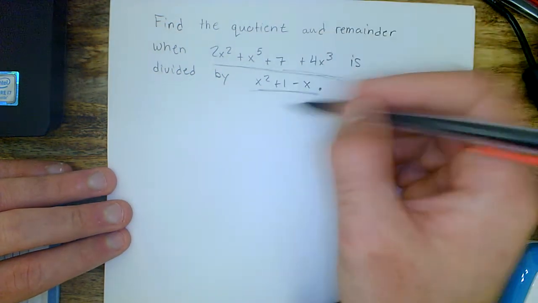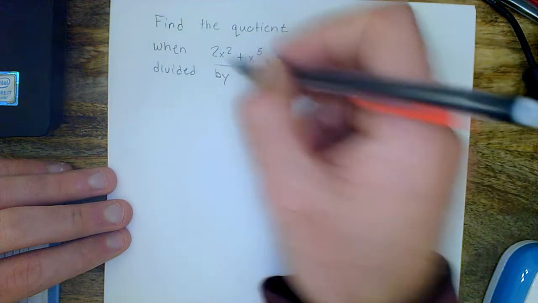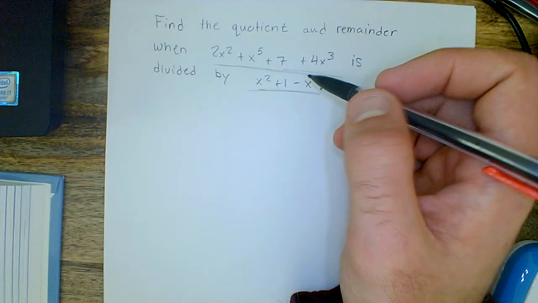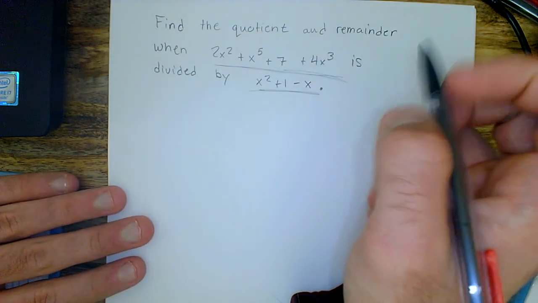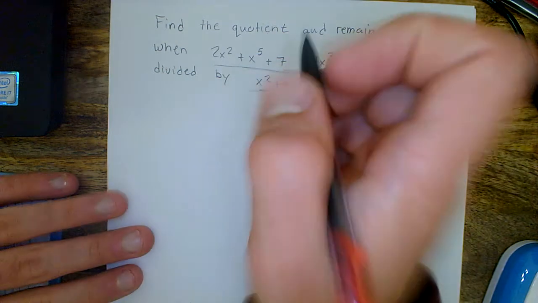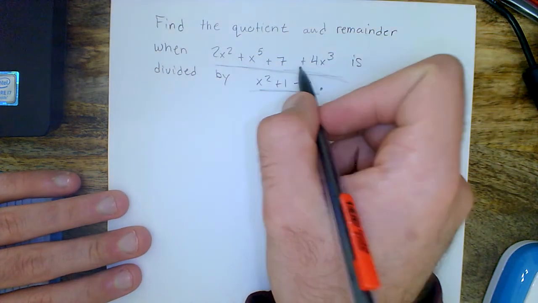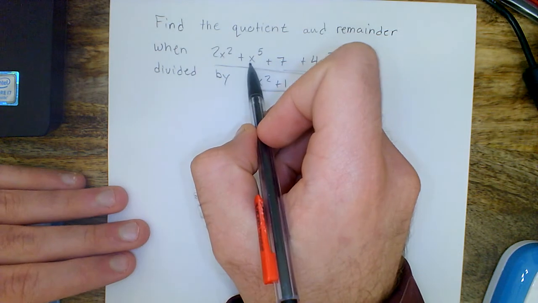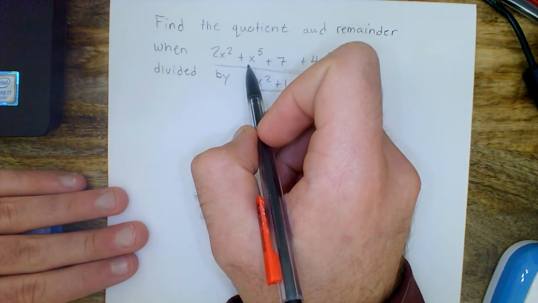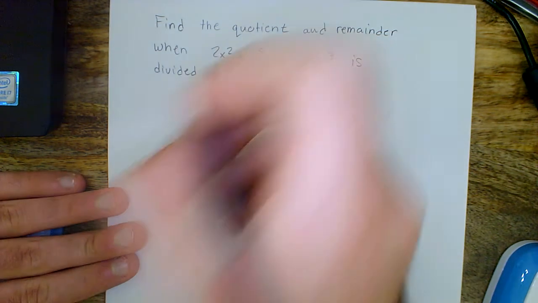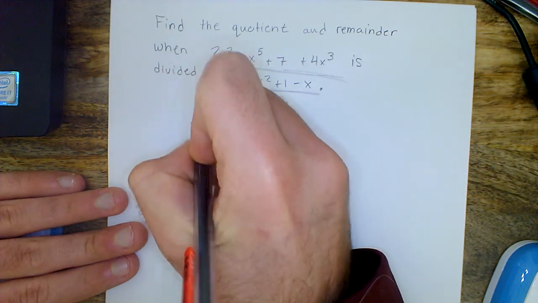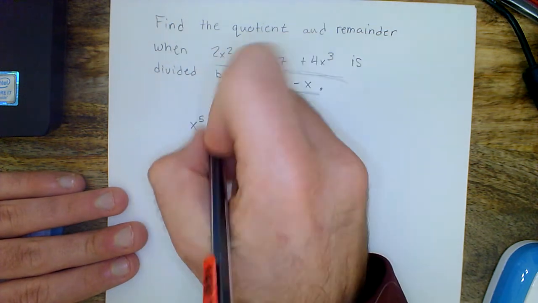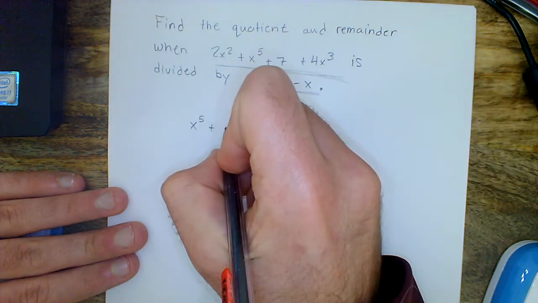So we're taking the dividend and dividing it by the divisor. With that being said, it's always useful to write your dividend in descending order, so the highest degree term plus the next one.